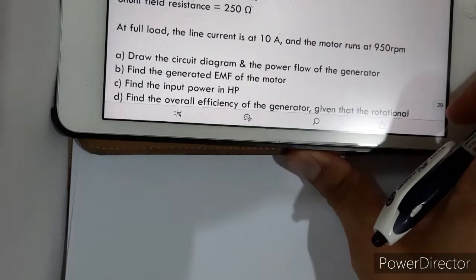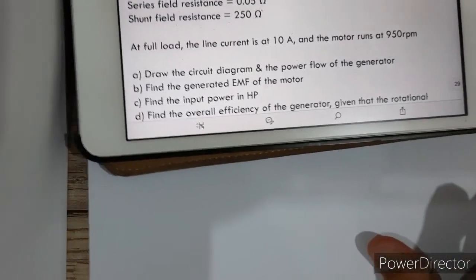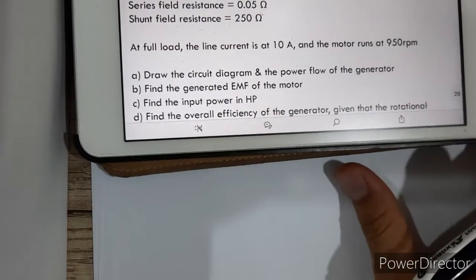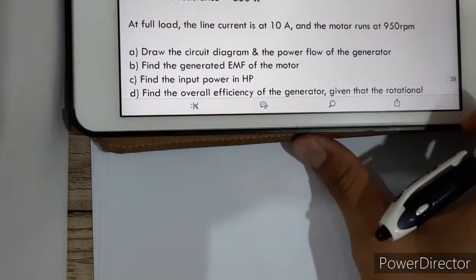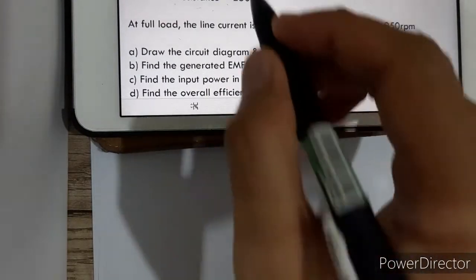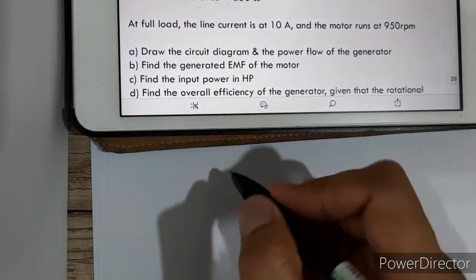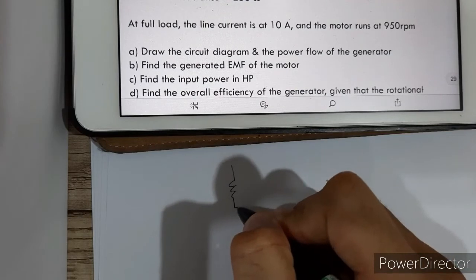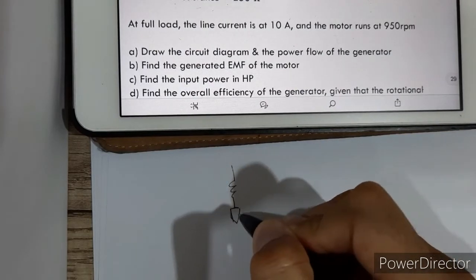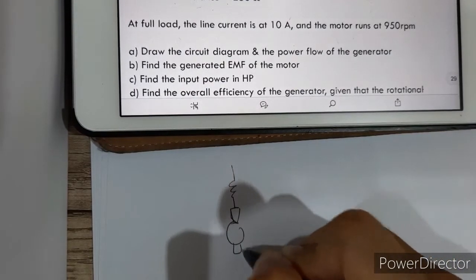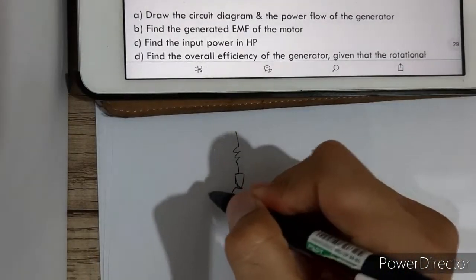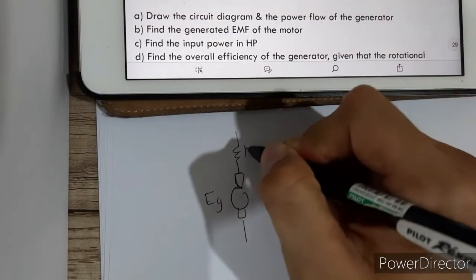So the first question: draw the circuit diagram and the power flow of the generator. Actually you can refer to the slide. For the DC compound generator, this one is EG. This one is RE.